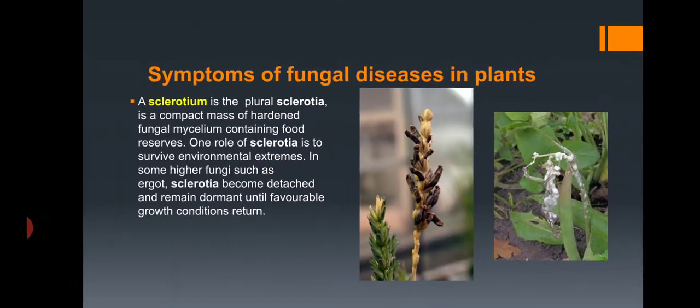Actually it is a dried compact mass of fungal hyphae, and as a result sclerotia become detached and remain dormant until favorable growth conditions return. Okay. So, meanwhile the economic value of that plantation may be lost. That is why sclerotium is a serious disease symptom in wheat plantations.